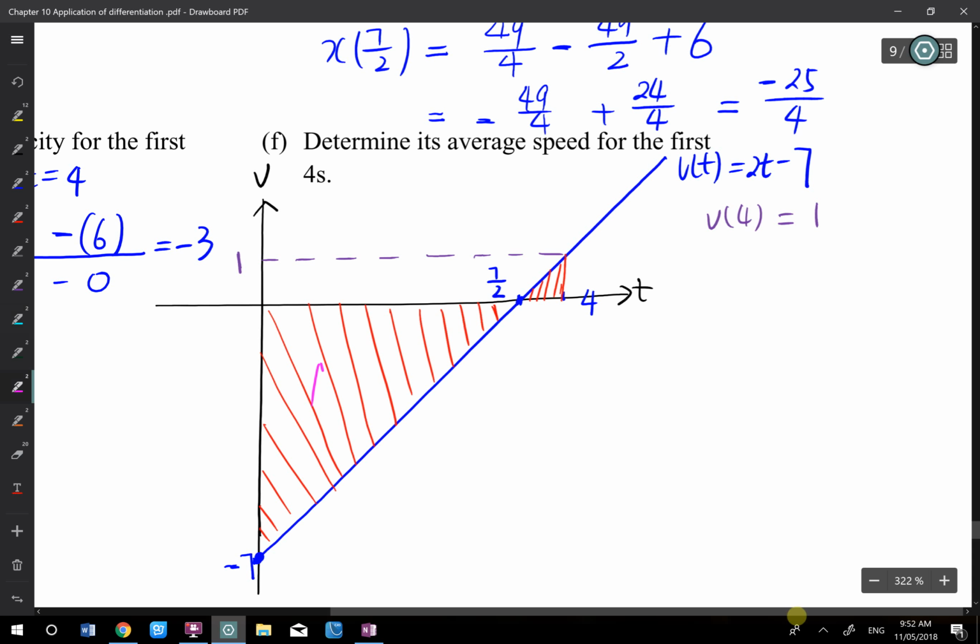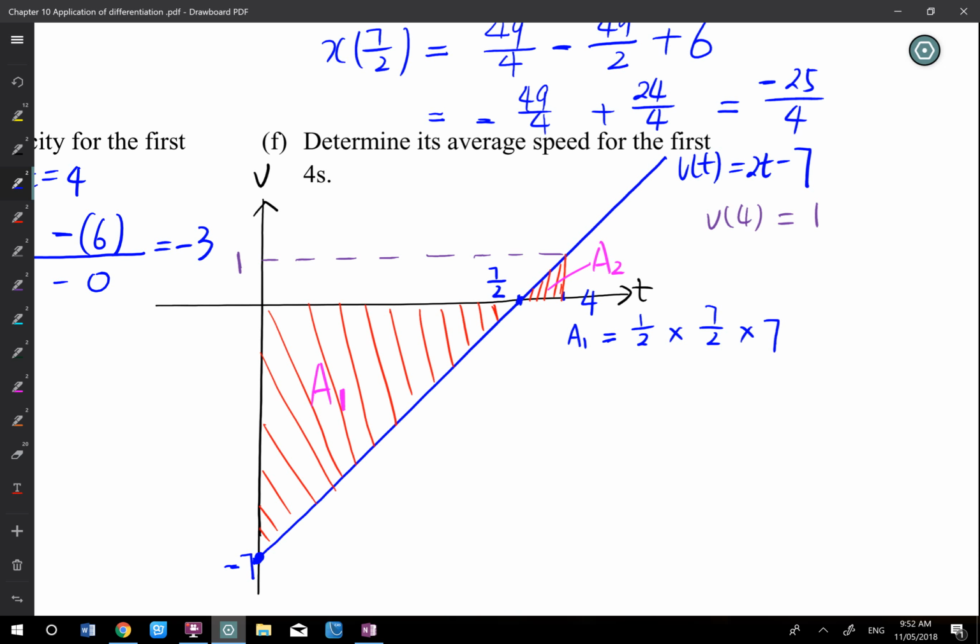I can still say the larger one is A1, and the smaller one is A2. A1 equals what? A1 equals a half times 7/2 times 7. The base is from here to here, which is 7/2, and the height is 7.